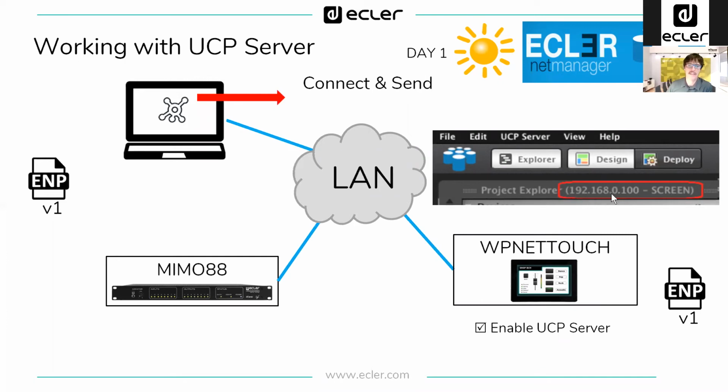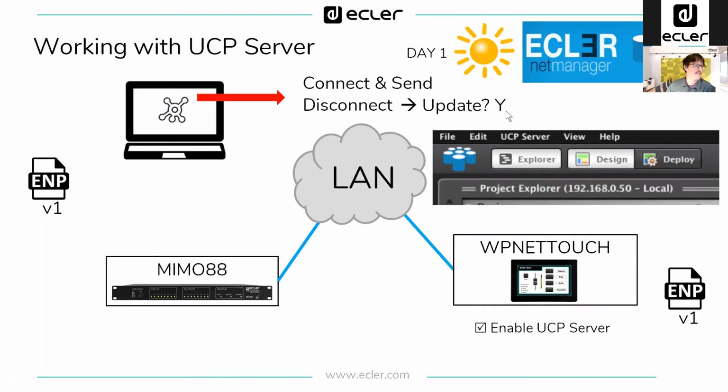So here is written the WPNet Touch IP address, in this case 0100, and the name of the device, in this case it was named screen. So, okay. Once you have sent this and you check everything is okay, you disconnect, okay? And when you disconnect, it asks if you want to update and you say yes.